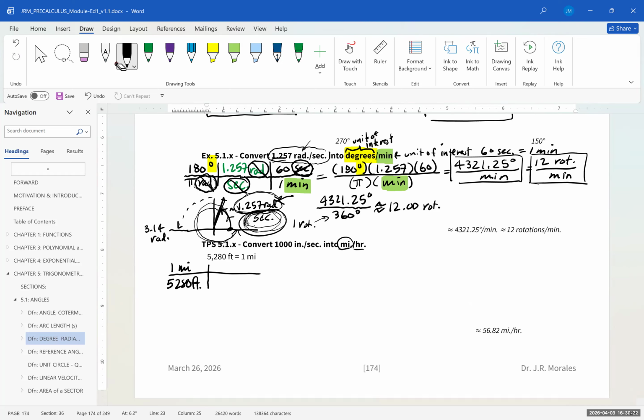All right, now we're trying to get miles and convert it to inches. So this lets us go from miles to feet. Well, we also know that 1 foot is 12 inches. And by making that conversion, feet will cancel with feet.